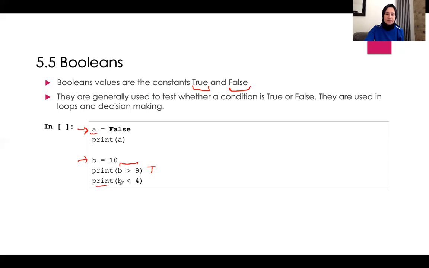When we replace it with b equal to 10, 10 smaller than 4, is that true? No, in this case, it will print false. When we run this piece of code, these are the results you will get. This is for the A, this is for the B, and this is for another B. Okay, for another check here.